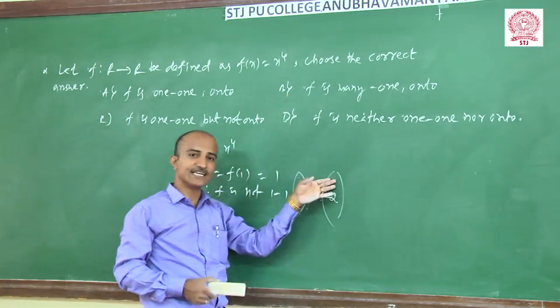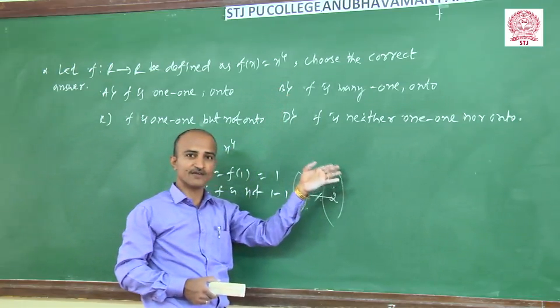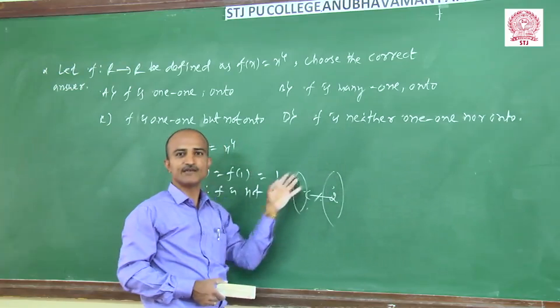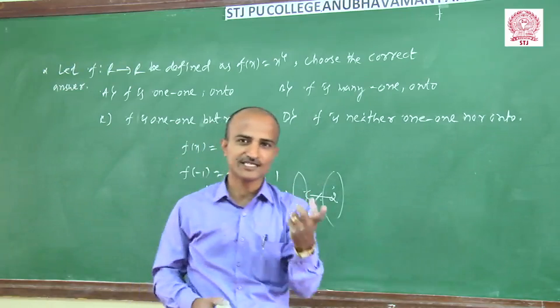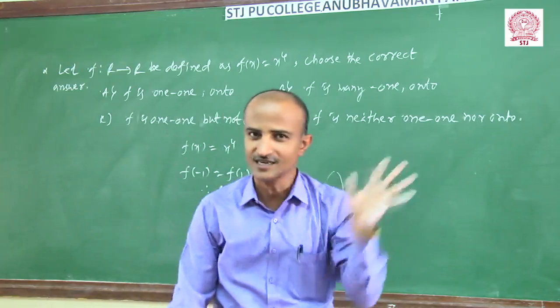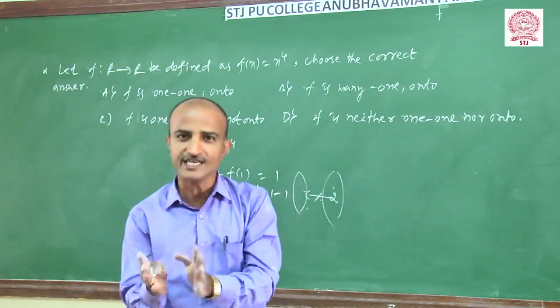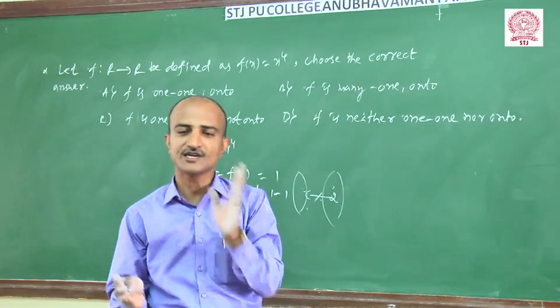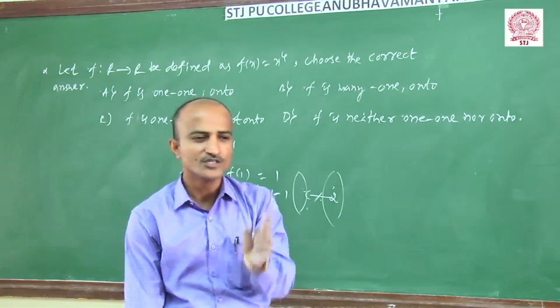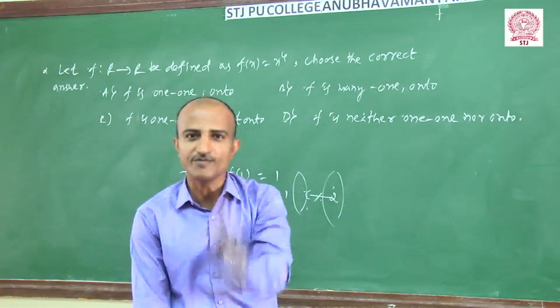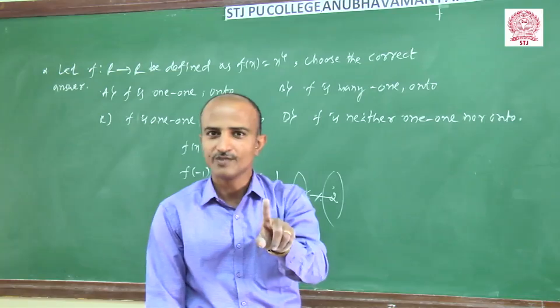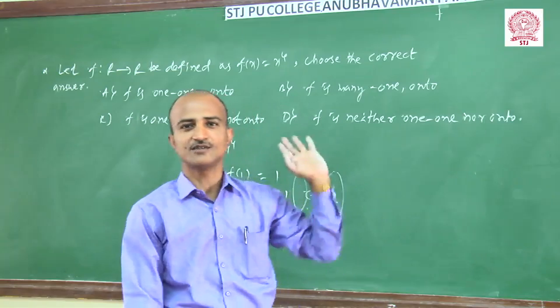Or you take any negative element in the codomain, for which we do not find any pre-images in domain. So like that you just give any one counter example, it is sufficient to say that function is not onto. Okay, only thing is to examine the function is 1 to 1 or surjective, find any one element in codomain for which its pre-image does not exist in domain.